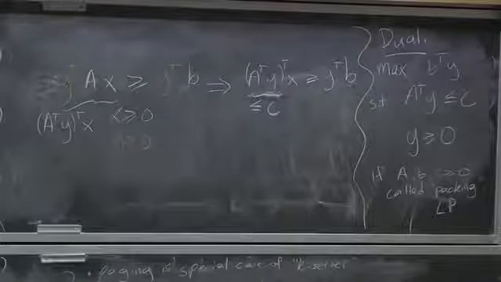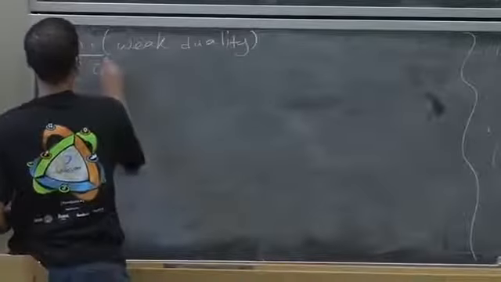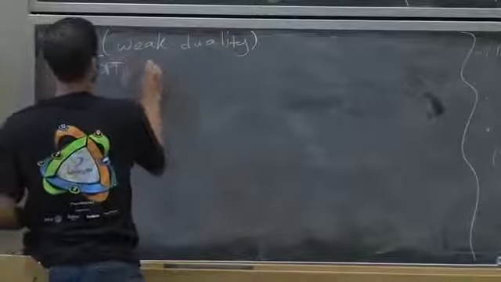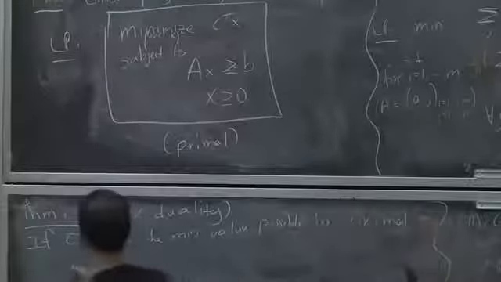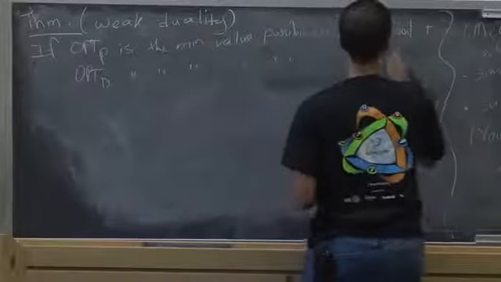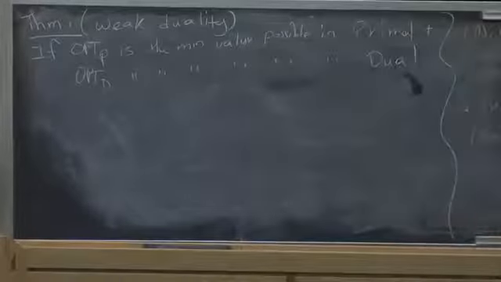So, theorem, this is called the weak duality theorem. It says that if opt P is the min value possible in the primal, and opt D is the min value possible in the dual, what's the inequality that we've just proven?